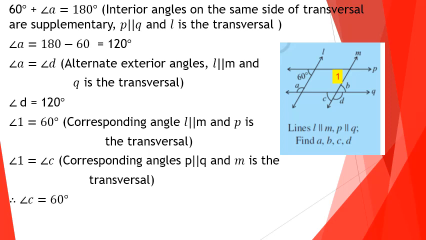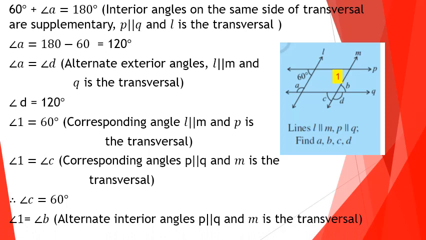Next, angle 1 equal to angle B. Which type of pair of angles is this? These are interior angles. Alternate interior angles. That is, angle 1 equal to angle B, because alternate interior angles when P parallel to Q and M is the transversal.